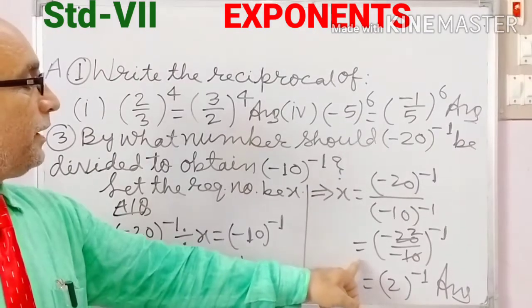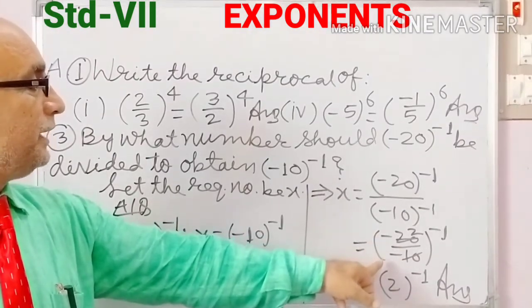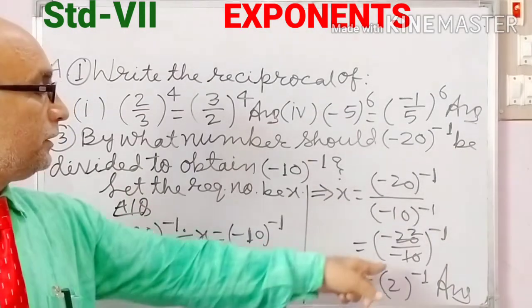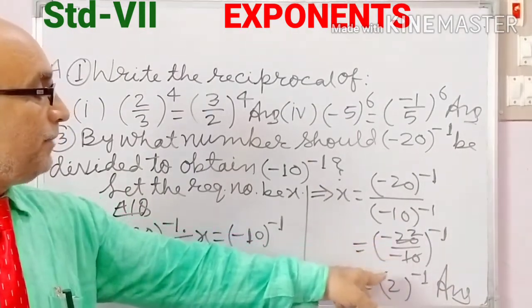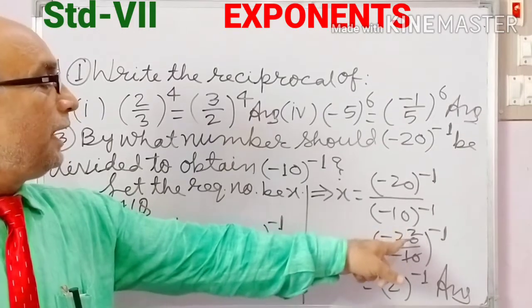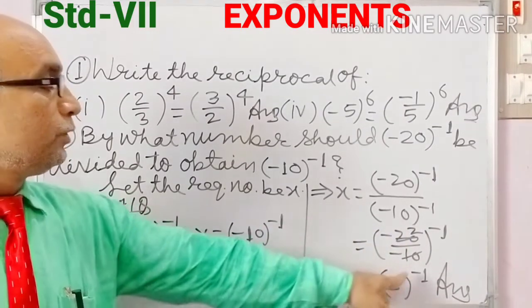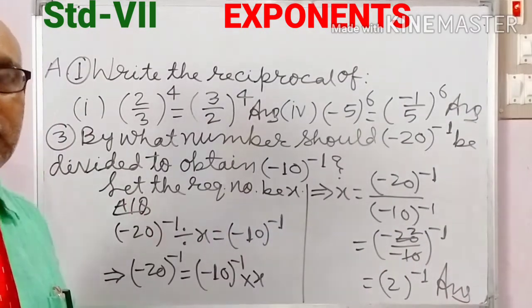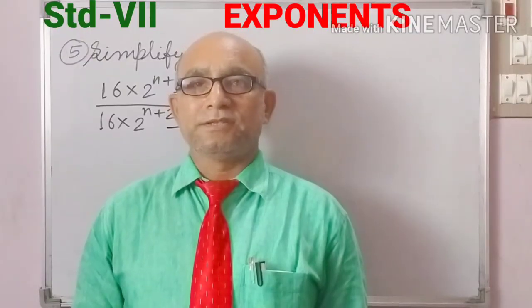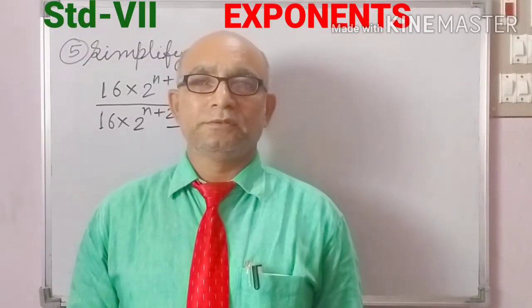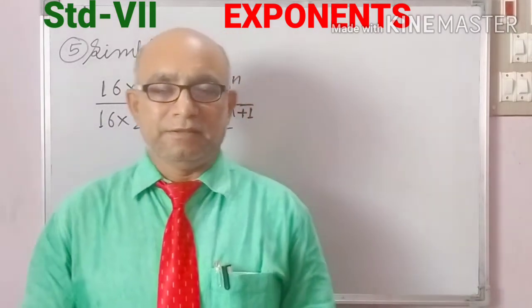Next step, (-20 by -10)^-1. Minus divided by minus is plus, 20 by 10 equal to 2 to the power minus 1 is the answer. Write it. Next selected question, question number 5, is written on this board.